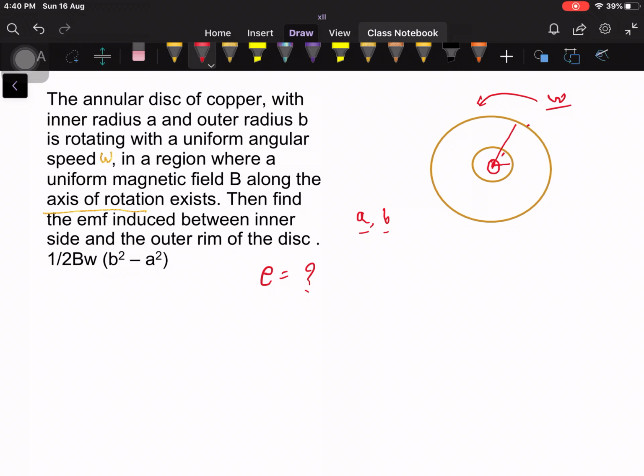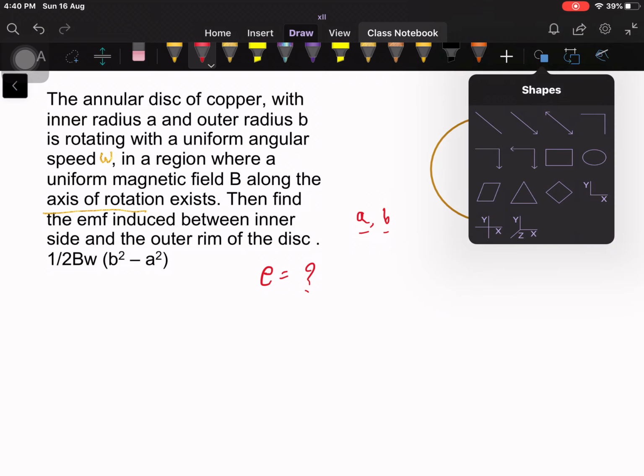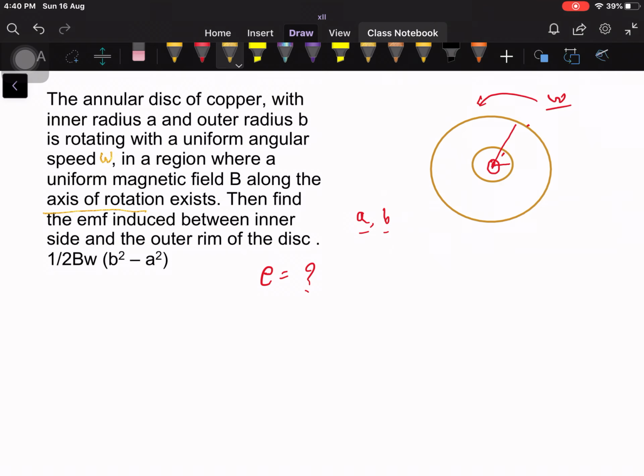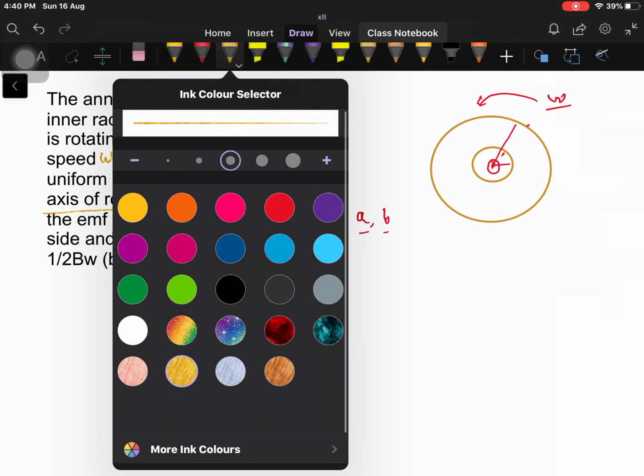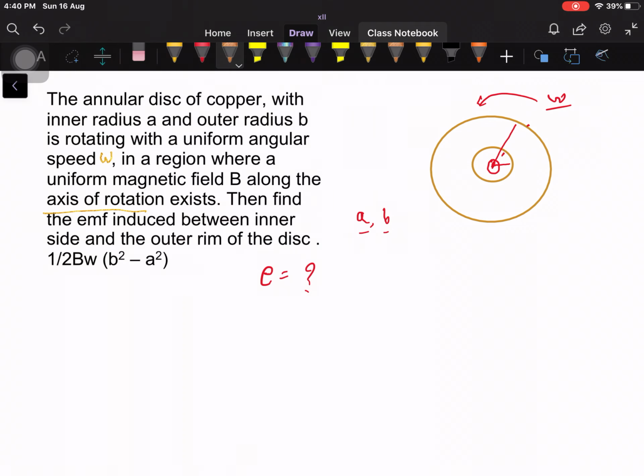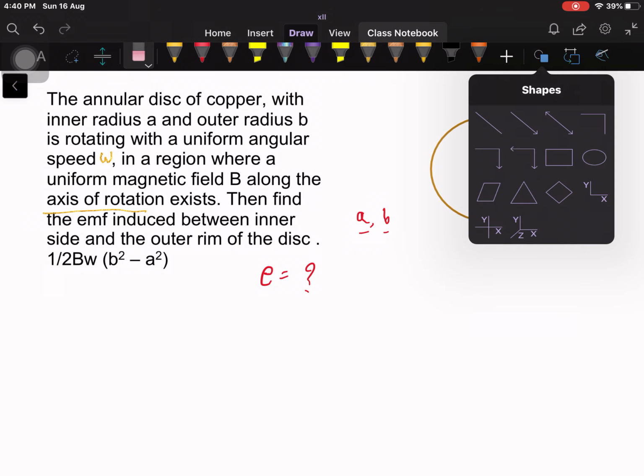So first of all we'll assume that this one is a disc. So we are going to take a strip of this disc, like this.